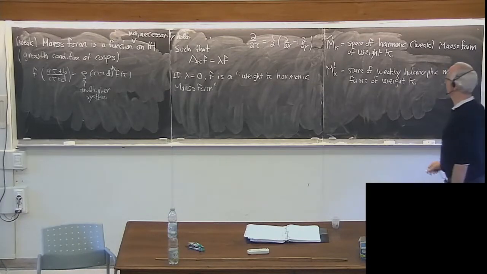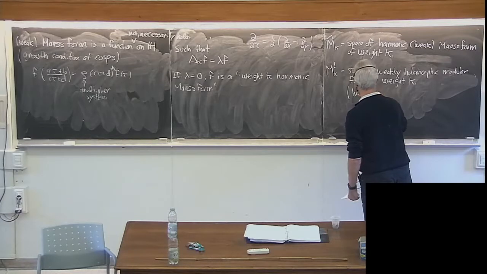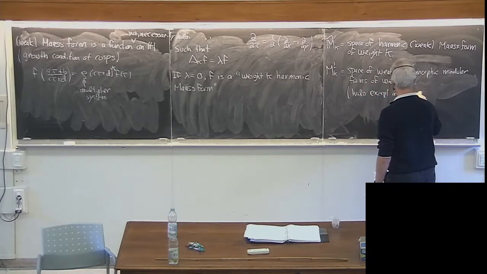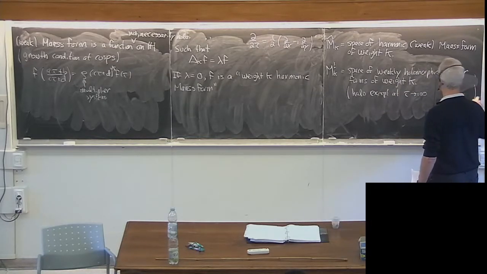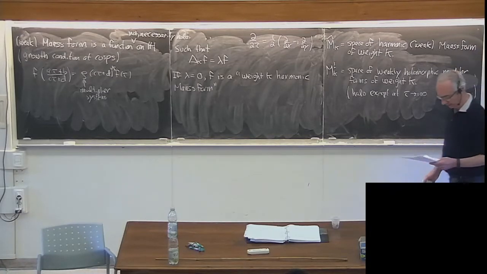So recall these are modular forms that are holomorphic except as tau goes to i infinity, where you're allowed to have some negative powers of q in the expansion, but they're holomorphic in the interior of the upper half plane.